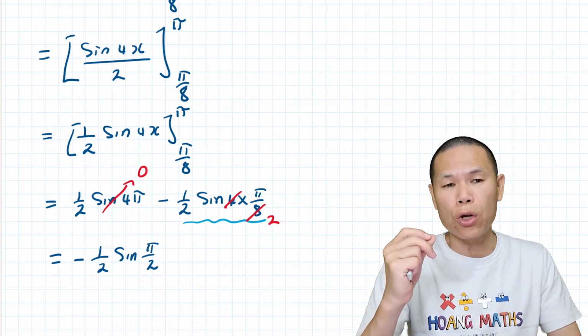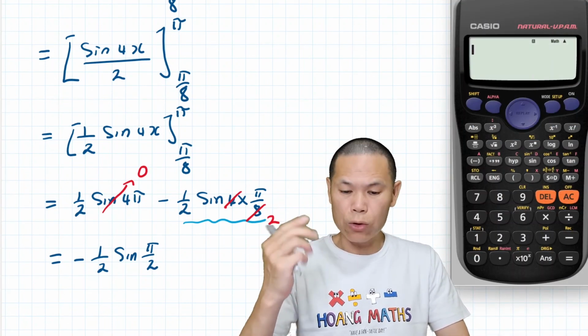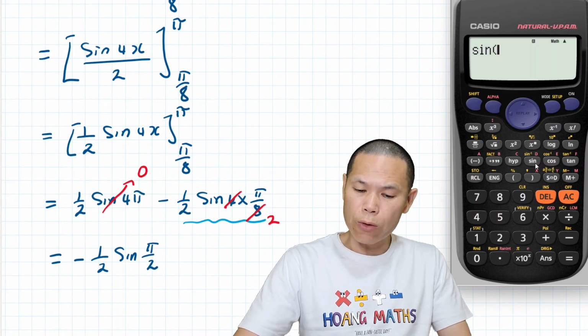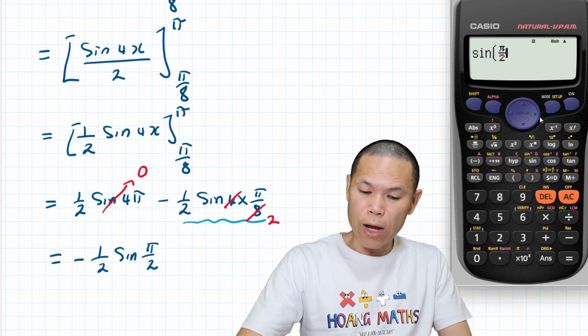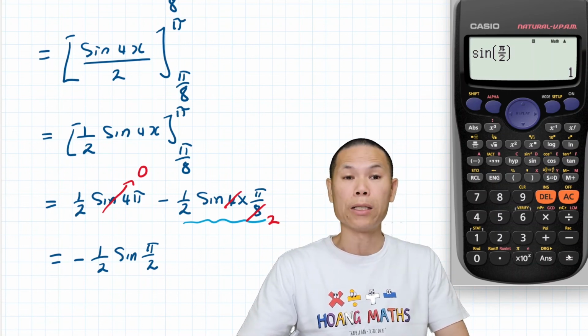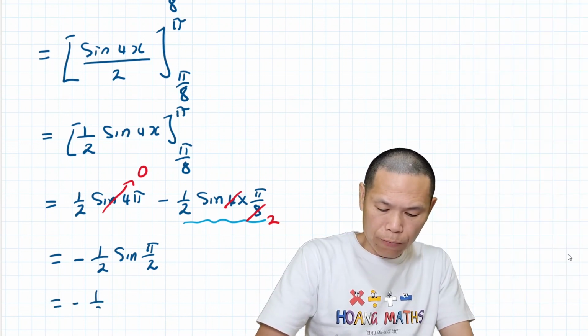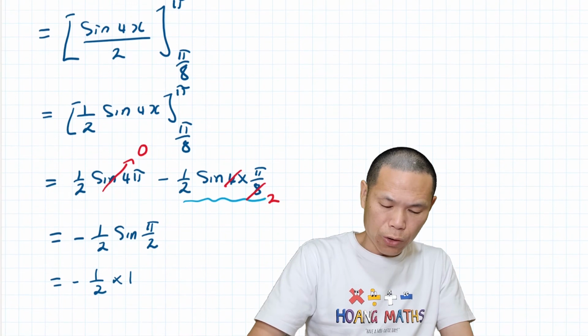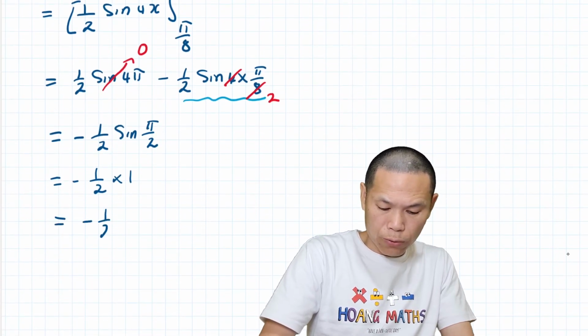Otherwise, we can just use the calculator. Since my calculator is already in radian mode, I just go sine, shift, pi over 2, and close the brackets. It should give me 1. So that is equal to negative a half times 1, which gives me negative 1 over 2.